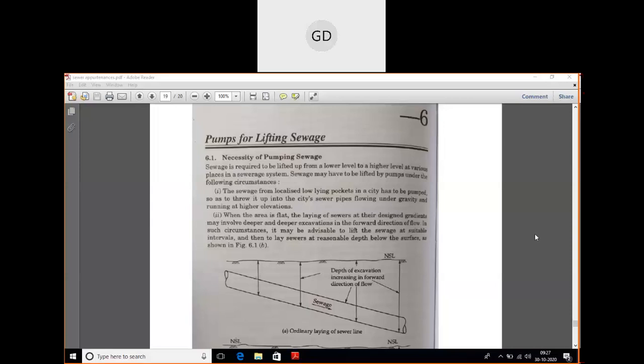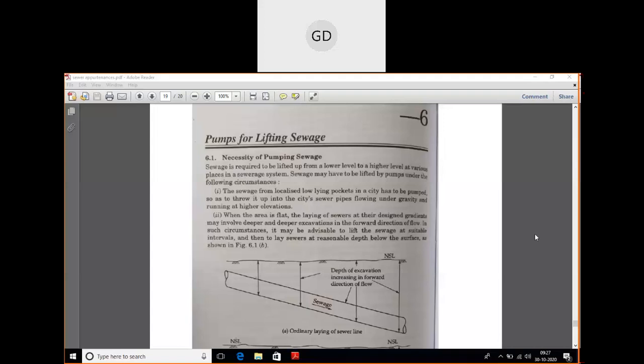They are used under different circumstances. So what are the circumstances needed for a pump? Number one written here is that the sewage from localized low-lying pockets in a city has to be pumped so as to throw it up into the city's sewer pipes flowing under gravity and running at higher elevation.